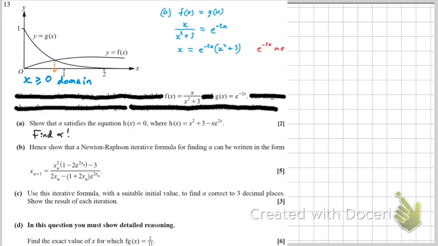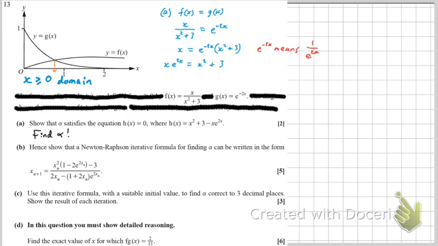Well, you need to notice that e to the power minus 2x simply means 1 over e to the power 2x. So I'm going to multiply through this equation here by e to the power 2x. It's going to cancel it out here, and it's going to turn up on the left-hand side.